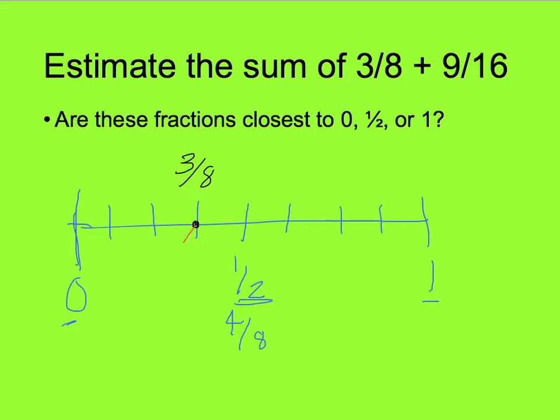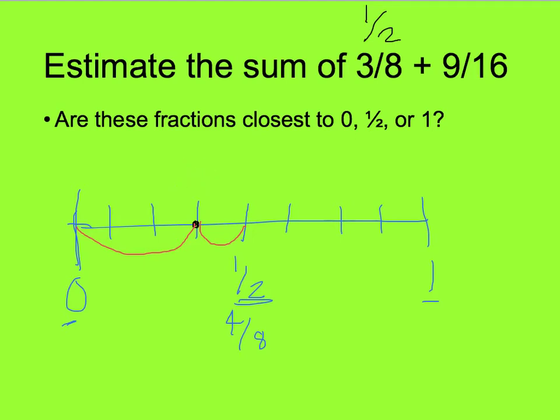So look at the distance between 3/8 and 0 and the distance between 3/8 and 1/2. You can see that my red line on the right is much shorter than my red line on the left. So we're going to go ahead and round 3/8 to 1/2, because that's the number that's going to be the closest here.